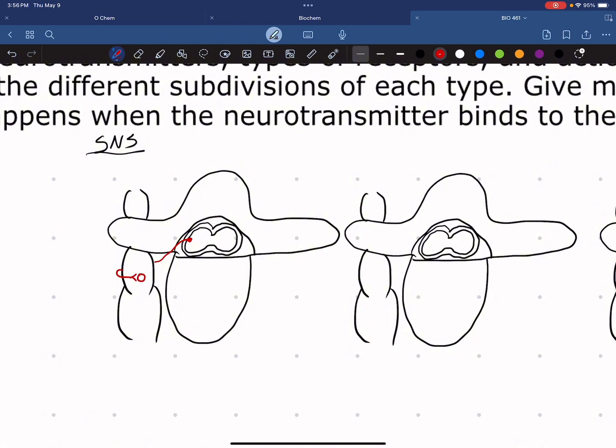And after this synapse, it will leave the sympathetic chain ganglia and it will travel to things like the sweat glands, blood vessels, things like that. And this first one is called the spinal nerve pathway.